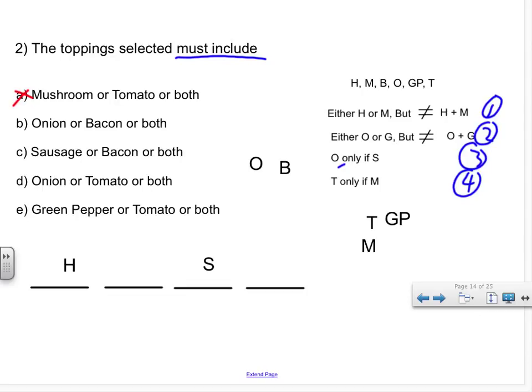So I need either O or G, but since O is right here, I know that I need to use GP. And I have T and M. So I'll most likely have to get rid of my H in order to fit M and T together based on the fourth condition right here. T will only go with M.